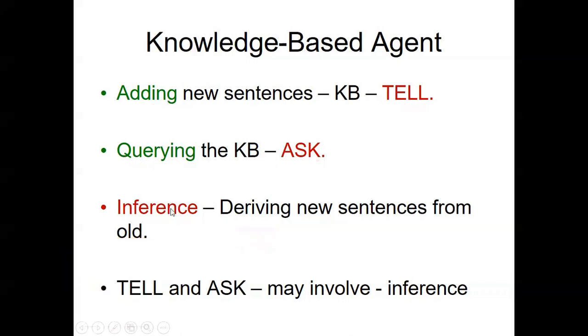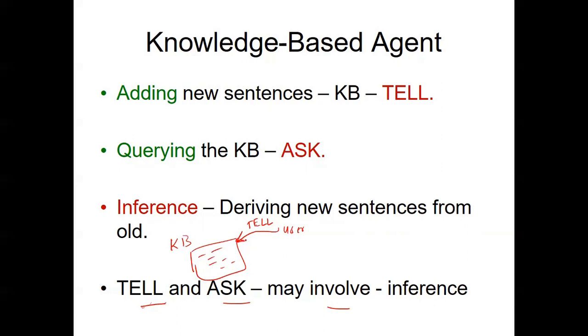Right? Again, tell and ask also may involve inference. What does it mean? Tell means, say for example, the knowledge base already contains some sentences. Now assume that the user is giving a new sentence. The user is adding a new sentence to the knowledge base through tell. The user feels this is a basic fact, maybe something like an axiom.